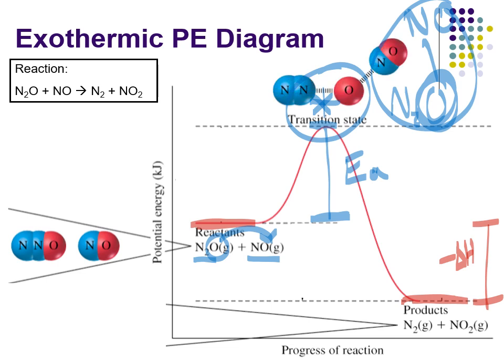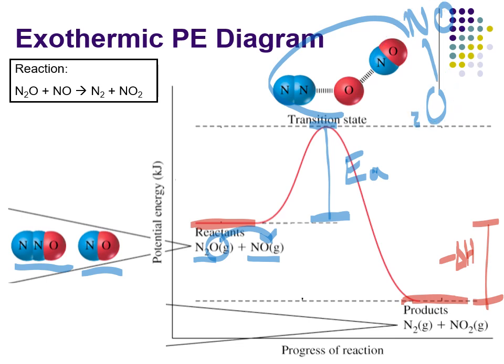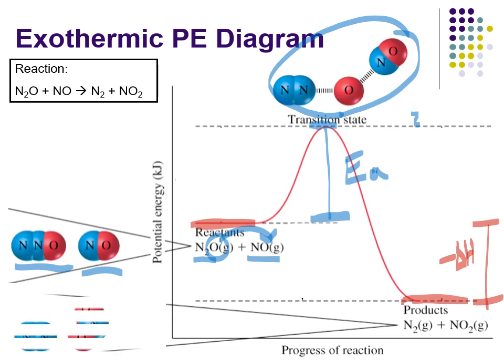So imagine something like that. If we're starting with our N2O and our nitrogen monoxide, you'd get this weird looking complex here, which is not quite the reactants and not quite the products yet. It's this weird activated complex, the transition state, high in energy. And then eventually you get your products.